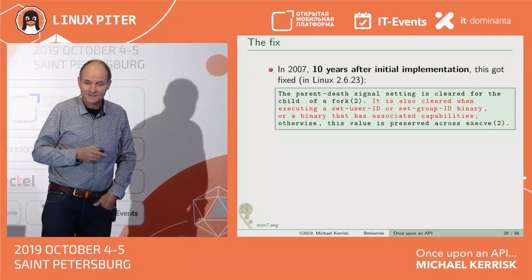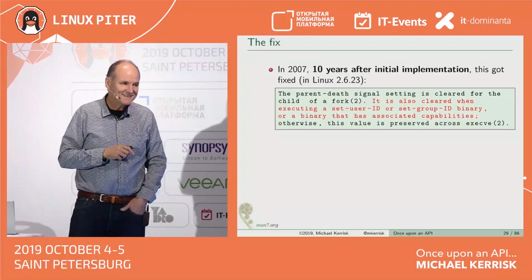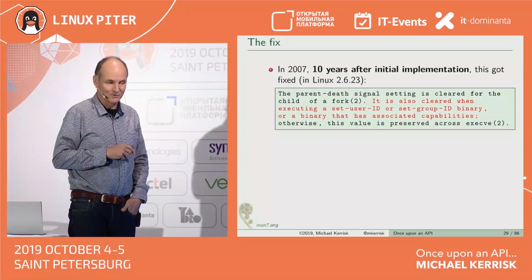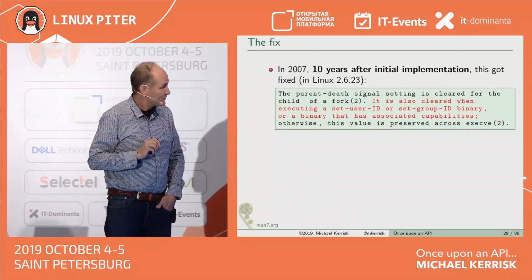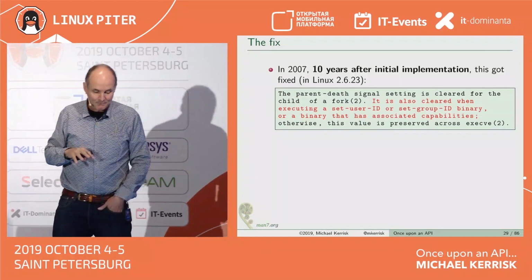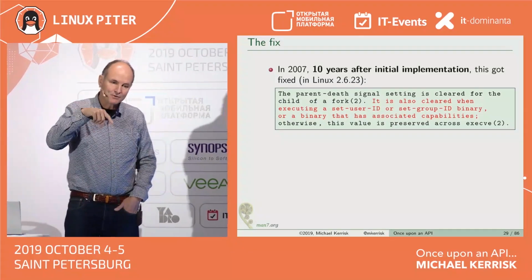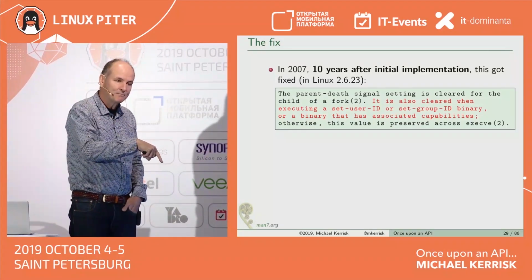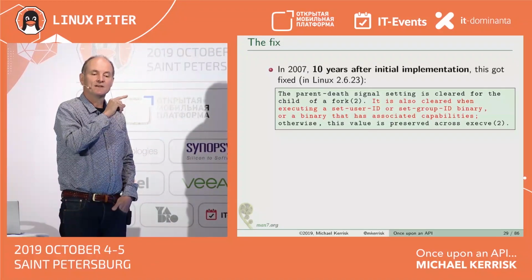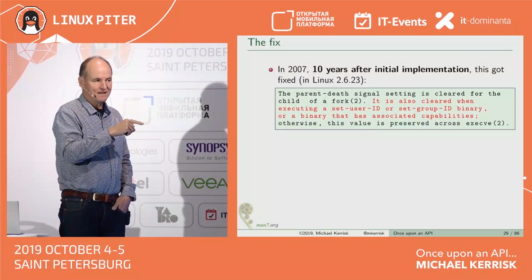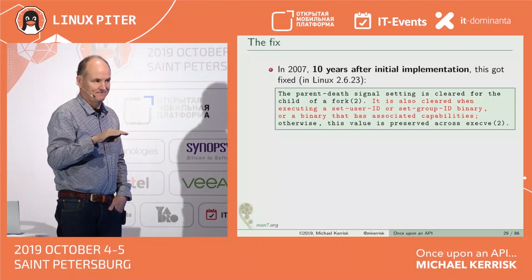The thing is, people only realized that 10 years after the system call was implemented. Okay, and they closed the gap there by saying that if a process executes a setuid program or a setgid program or a program that has capabilities, then this attribute, the PR_SET_PDEATHSIG attribute, is cleared.